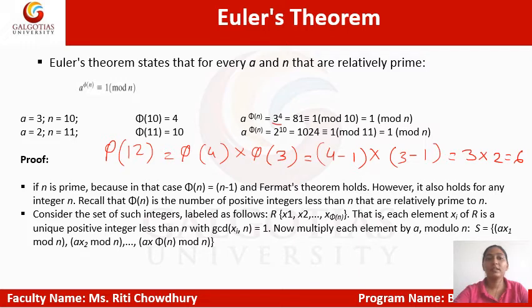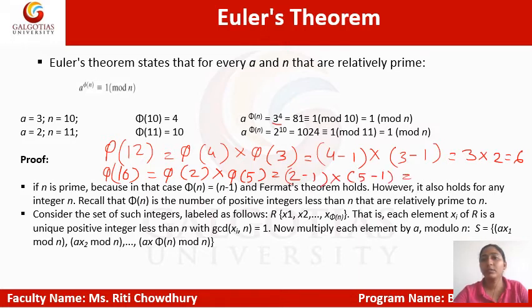How can I get phi of 10? I can write phi of 2 and phi of 5. Phi of 2 is 2 minus 1, phi of 5 is 5 minus 1. So this will be 1 cross 4, which is equal to 4.